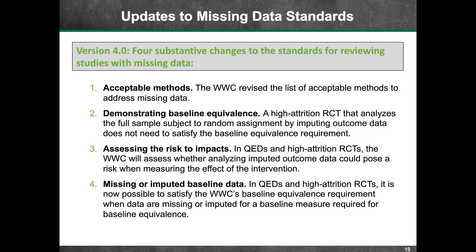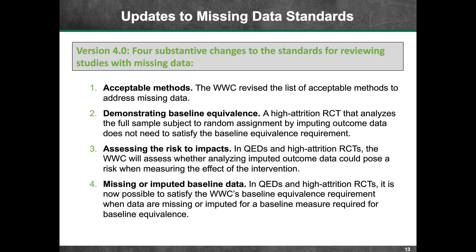To understand why, consider a randomized control trial study that followed students for several years. By the final year of the study authors were able to collect outcome data from only a fraction of the original sample. If they analyze only the observed outcome data, there is a concern that the remaining intervention students may have different baseline characteristics from the remaining comparison group students.